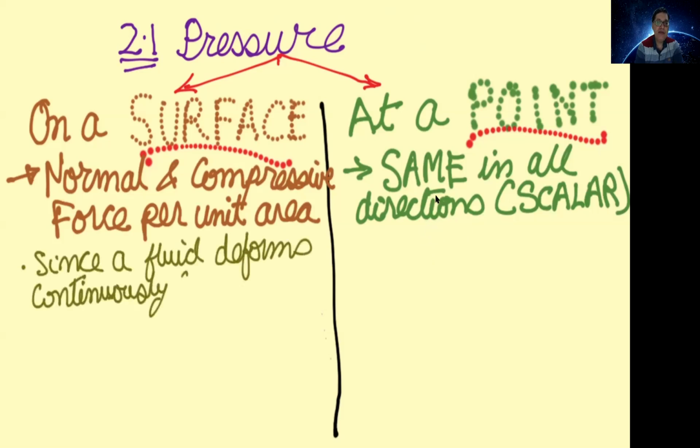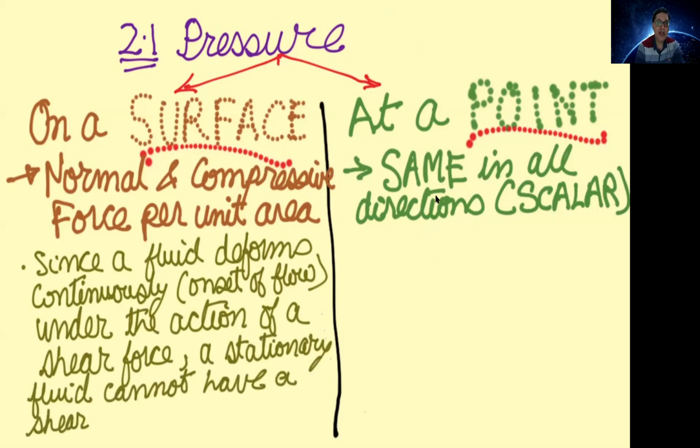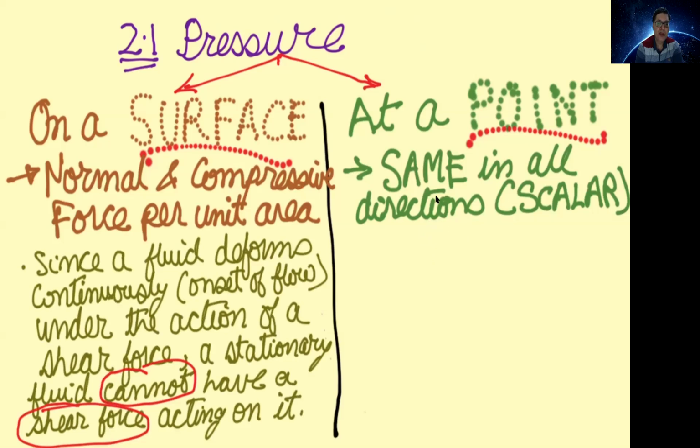We have defined fluid in the previous topic as something that cannot sustain a shear force. So a fluid deforms continuously under the action of the shear force, and this continuous deformation we define as the onset of flow.